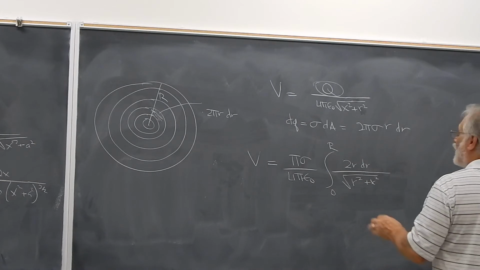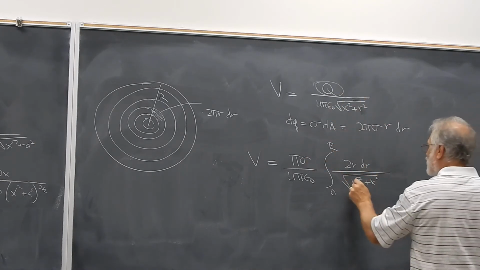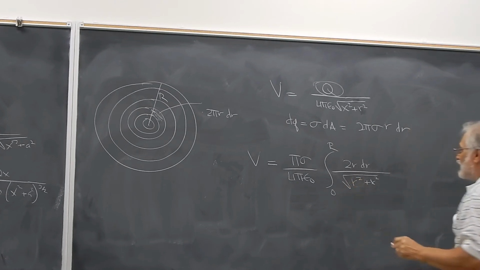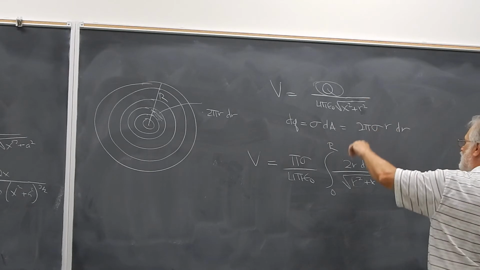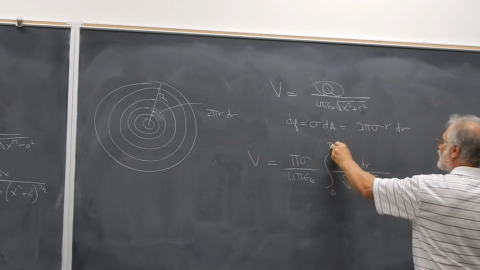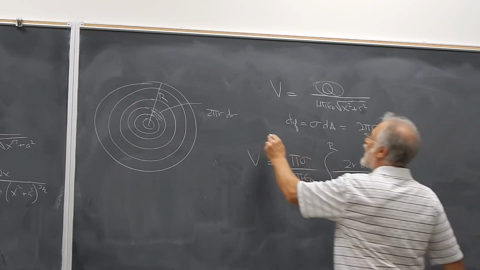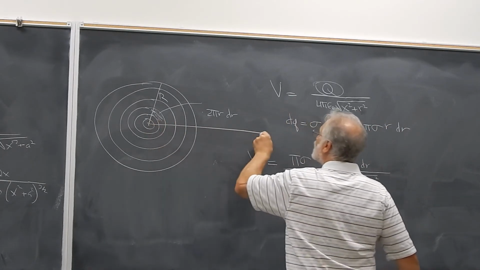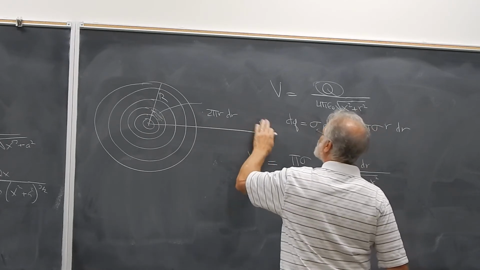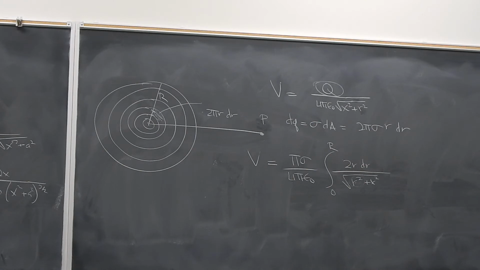I'm going to integrate over the radius of the entire disk. This is the radius of one ring, and it's going to vary from the center all the way to the edge. So little r is going to go from 0 to R. x is just a constant. That's the distance out here where I'm trying to find the electric potential, call it point P. This integral is fairly simple.